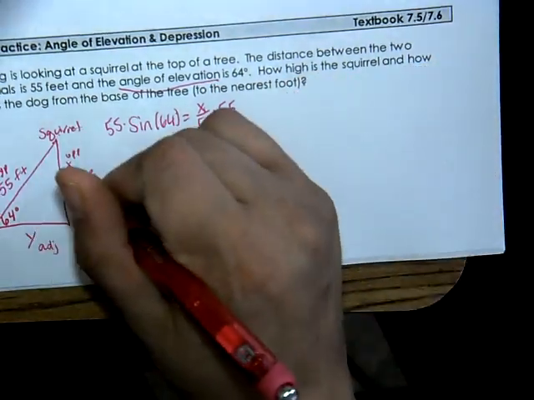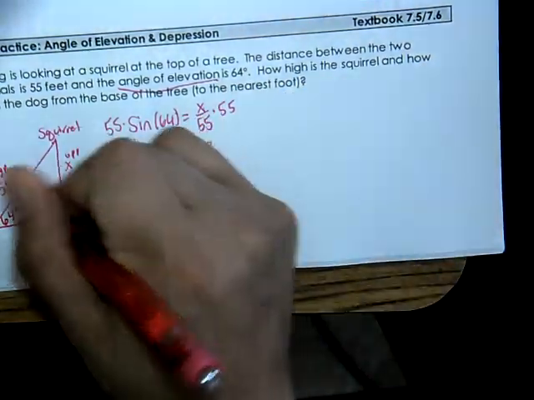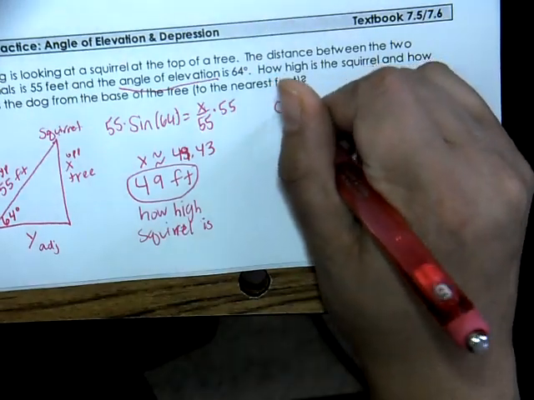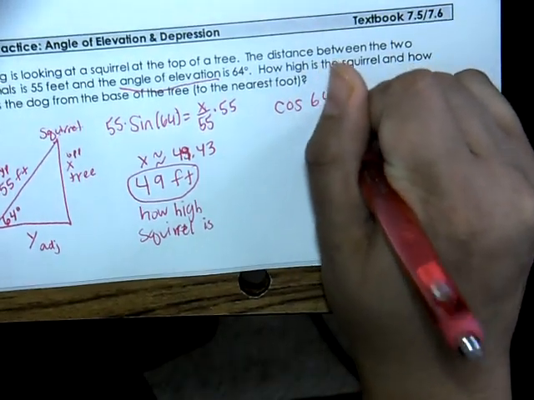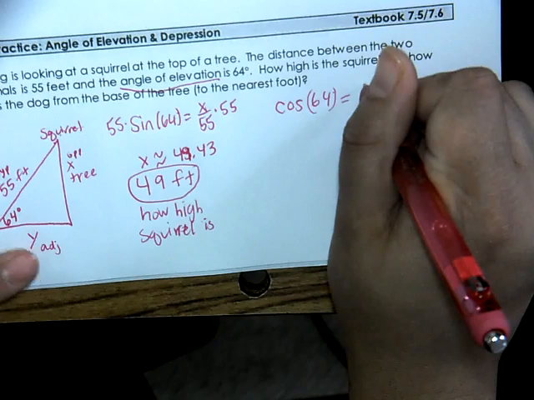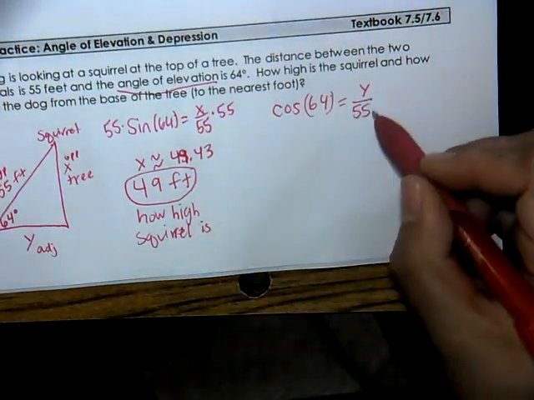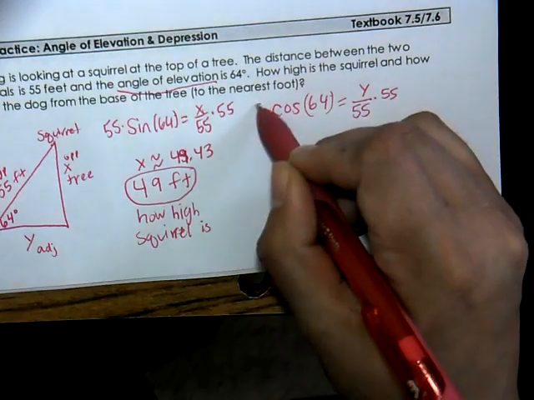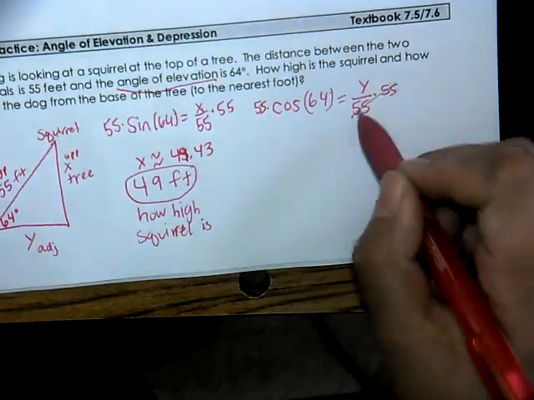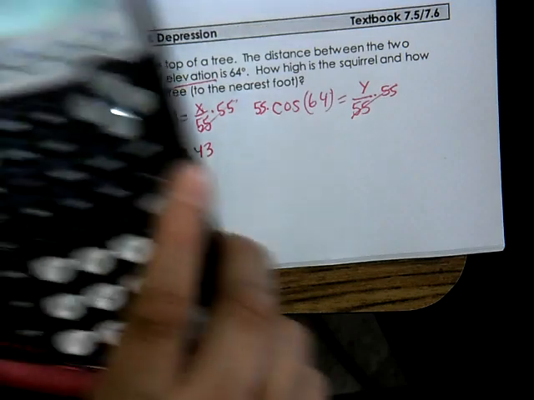I just would be careful doing that, because if you made a mistake getting to this point, now your final answer will also have a mistake. But this would be cosine of 64 is equal to Y over 55, because again, it's adjacent over hypotenuse. Same thing here, we multiply by 55, grab a calculator, and let's see what it comes out to.